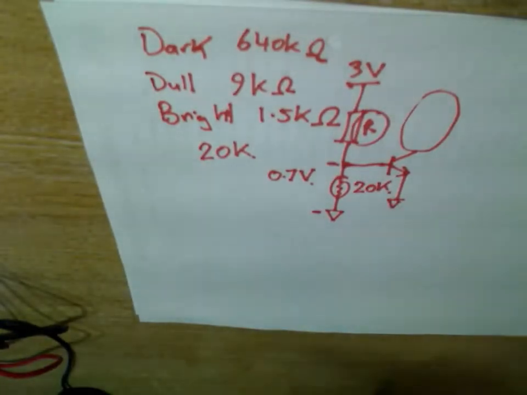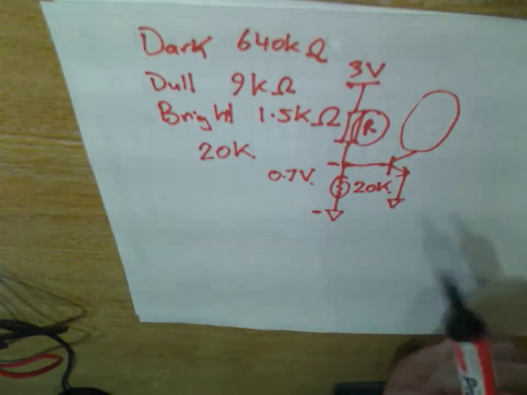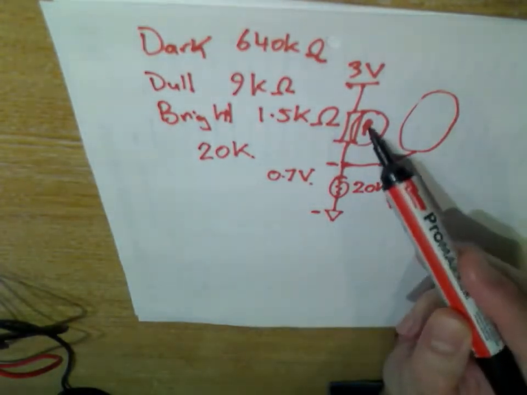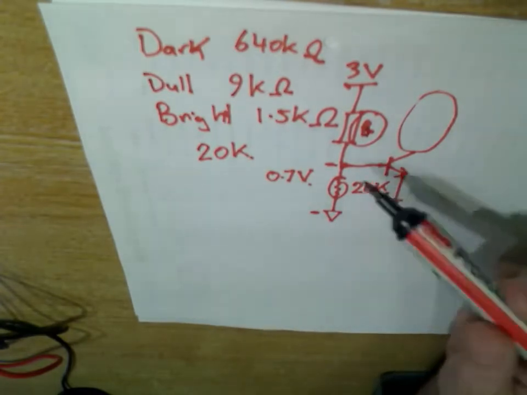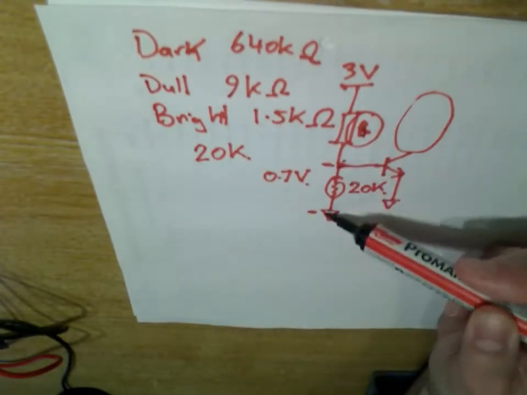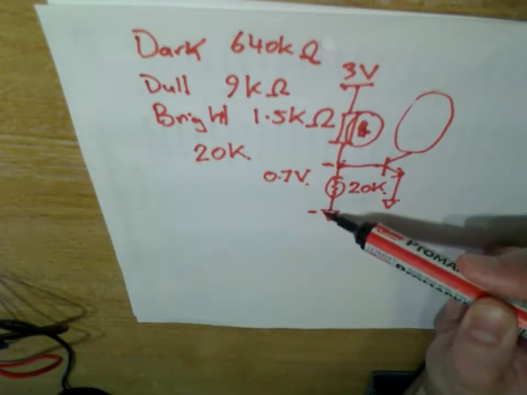So let's do a little bit of maths. What value do we need R to be so that the voltage across the photocell is 0.7 volts?